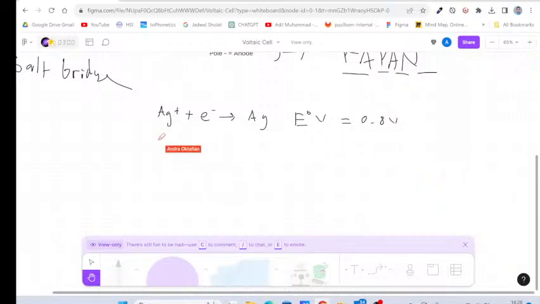On the other hand, magnesium: Mg2+ plus 2e equals Mg, and EV should be minus 2.37 volt.